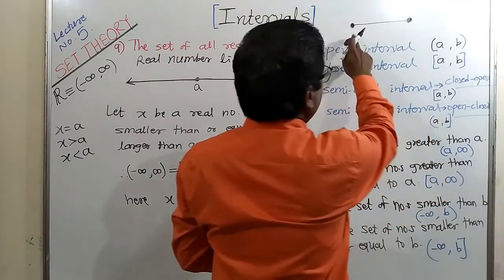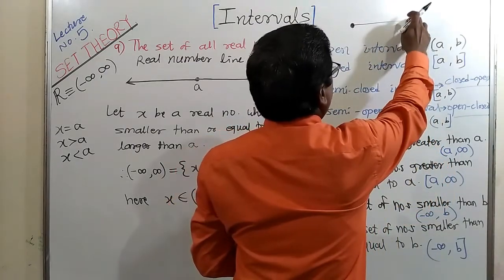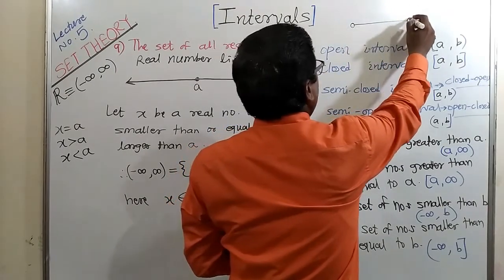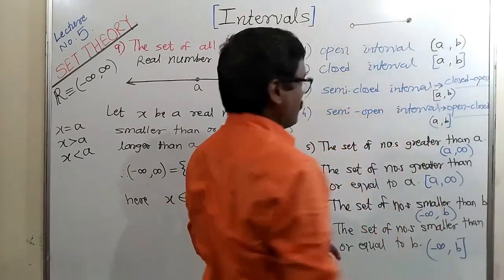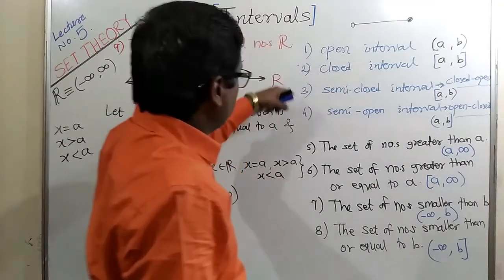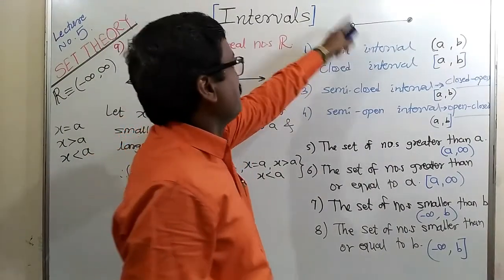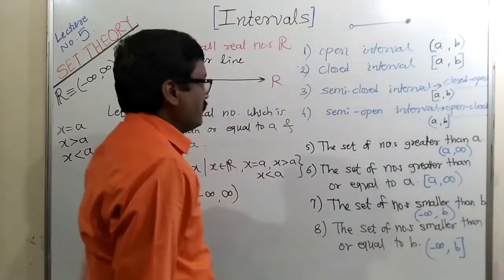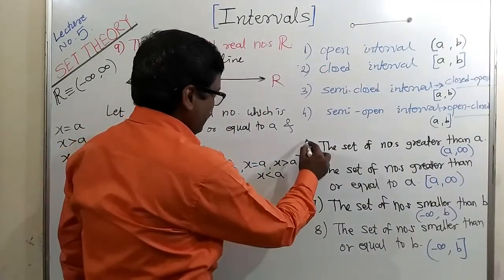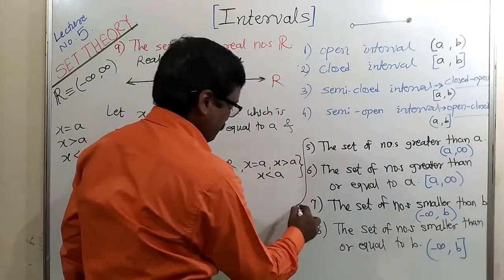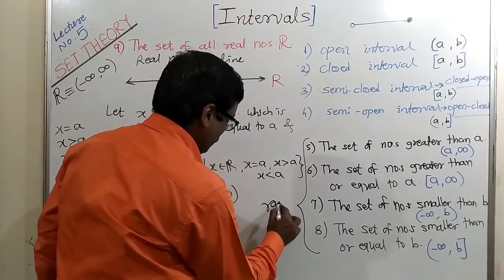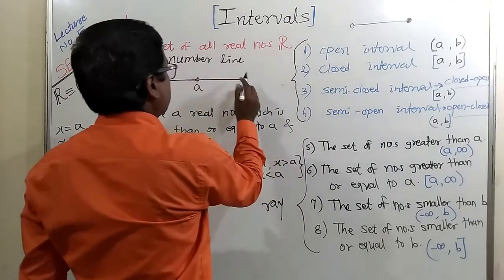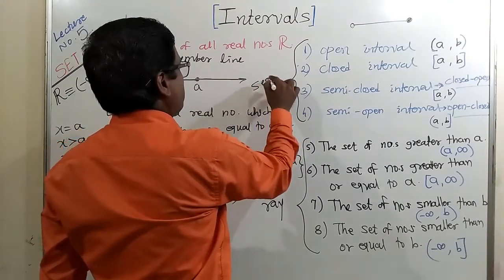In this interval, A is included but B is not included, meaning here is an open end. In this interval, A is open, B is closed, so follow the solid circle. So all these 4 intervals represent segments. Sometimes the end points are included or not. This 5 to 8 group represents rays, and this represents segments.